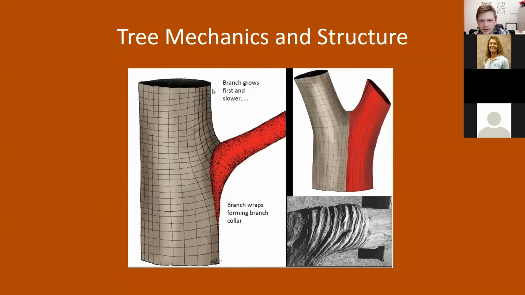You can see here that this is what happens on the left-hand side when you have a tree that is growing a branch normally, and you can see that it's compartmentalized. It's separate from what's going on inside of the stem.